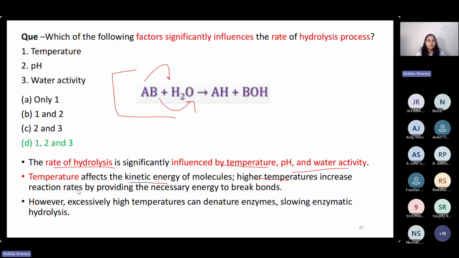Higher temperature increases the rate of the reaction by providing the necessary energy to break the bond. So the rate of hydrolytic reaction will be higher at higher temperature. But if the temperature is excessively high, it may denature the enzyme, so it can slow down the enzymatic hydrolysis process.